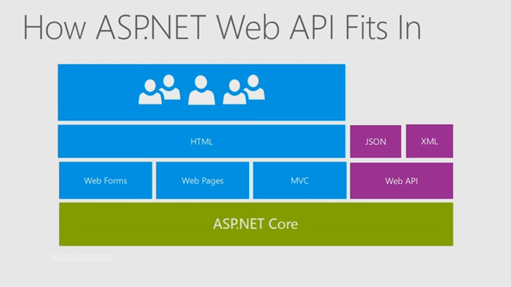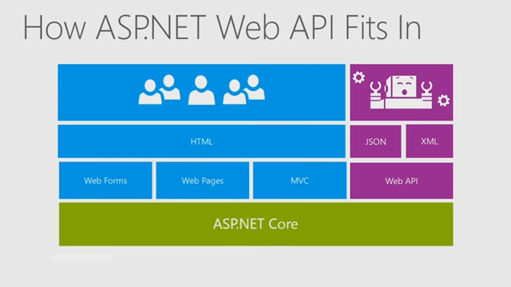But then over on this right side, we've got purple, and that's delivering things like JSON, XML, binary, other non-people things. And these are things that people don't like to read. Most normal people do not like to read JSON or XML or binary format. But computers love them. Happy robots love them. And so we want ASP.NET to work best in the right place.